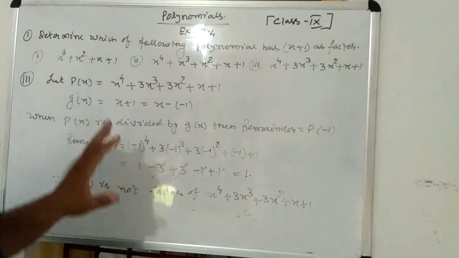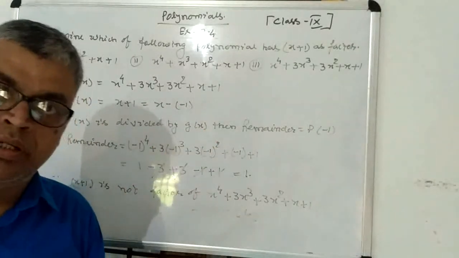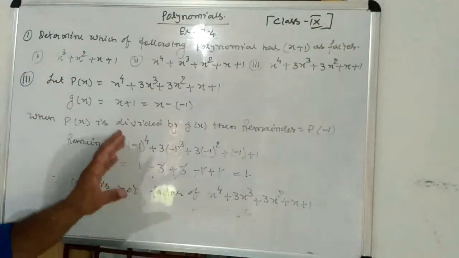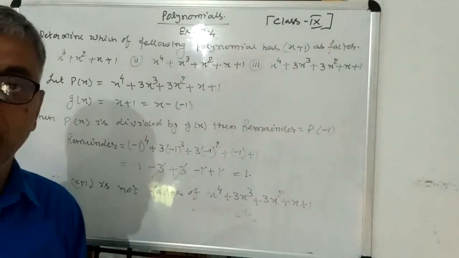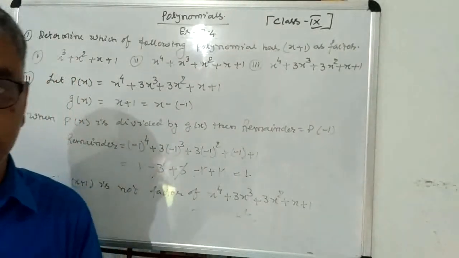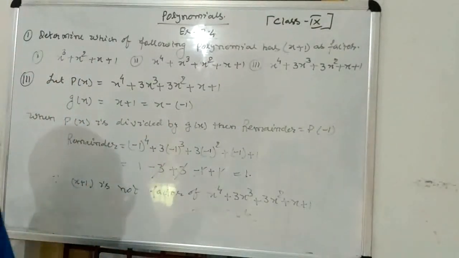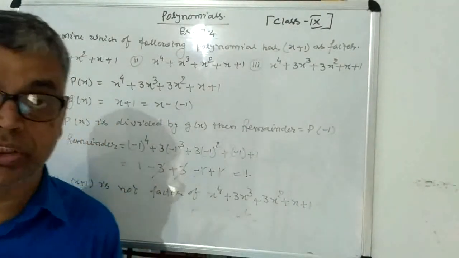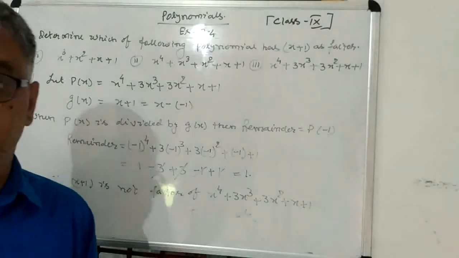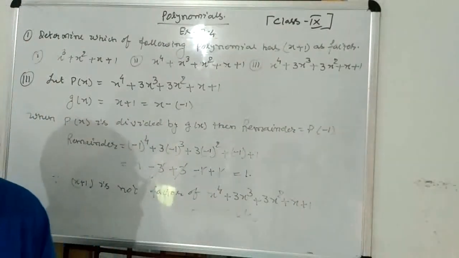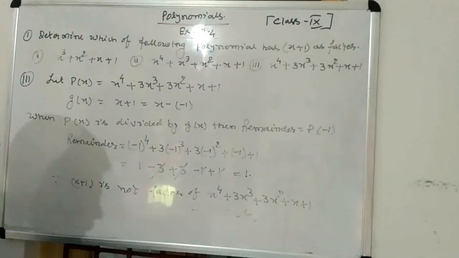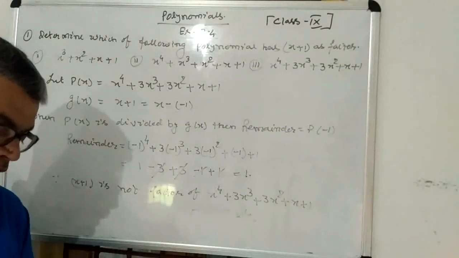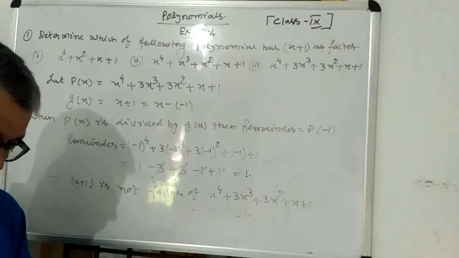By following the same process, same steps, you can solve the second question also. And if the remainder comes 0, it means that gx will be a factor of px, and if the remainder is not 0, then gx is not a factor of px. So question number 2 I am leaving for all of you. All of you have to solve this.